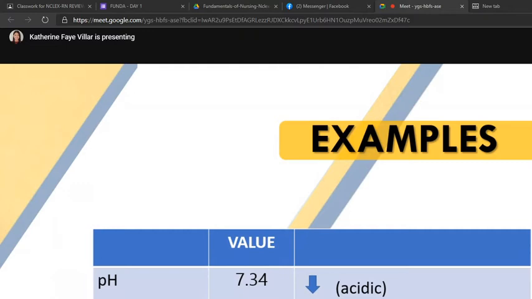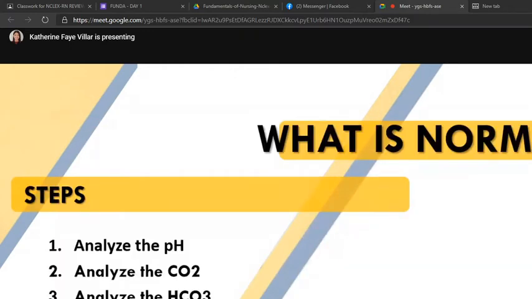Ang partner ni pH ay yung PCO2. Okay? So, in this case, kapag PCO2 ang partner, that is considered as respiratory in origin. And kapag naman HCO3 ang naging partner ni pH, that is considered as metabolic in origin, kasi yan ay nagmumula sa kidneys. Okay? So, malinaw po dun sa part na yun.